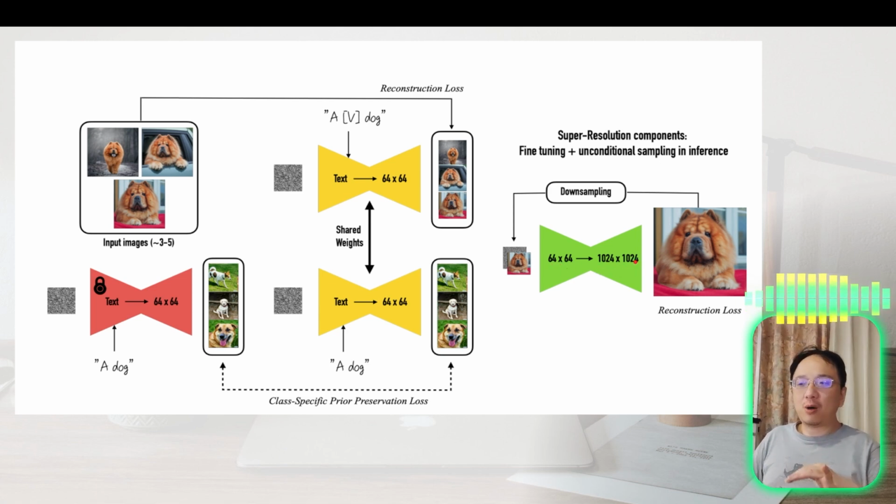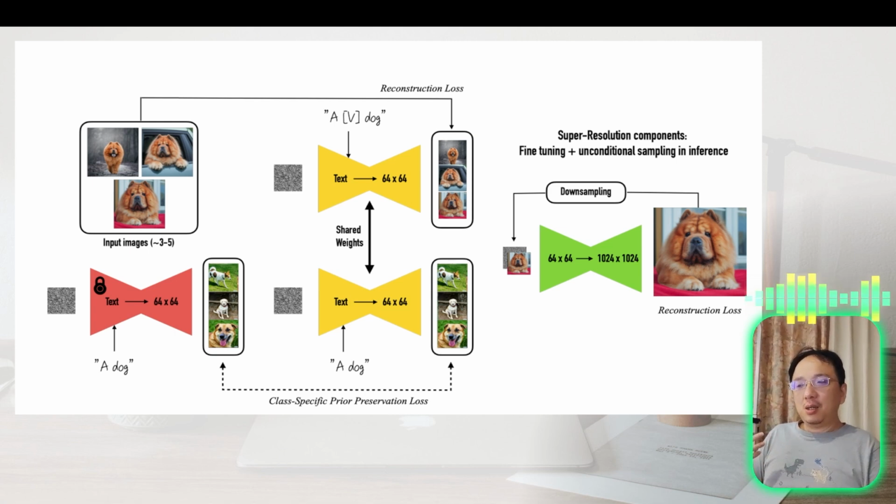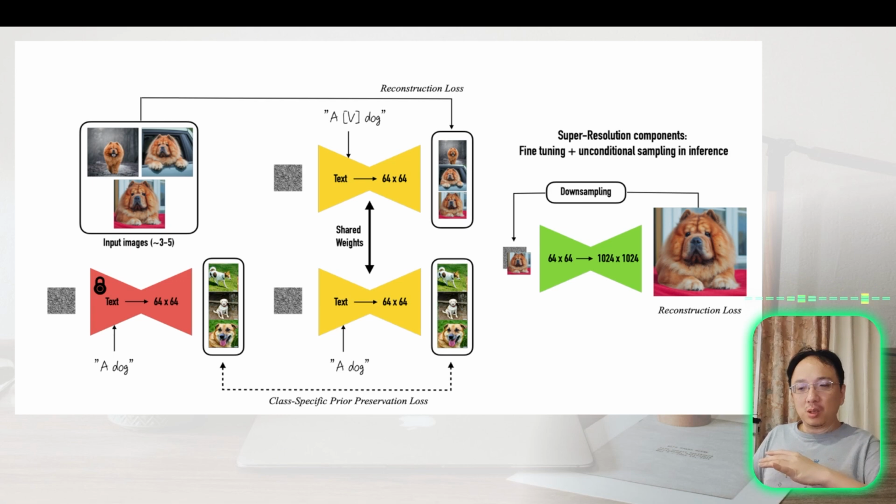Like we said, one of the major issues of the diffusion model is that it costs a lot to train a model that can generate a high quality, high resolution image. So there are many ways to get around it.